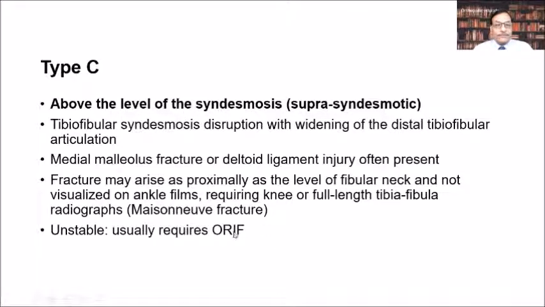If we know that the neck of the fibula or the upper third of the fibula can be involved, it is a must for any ankle injury to include the whole of the tibia and fibula along with the knee on the X-rays.